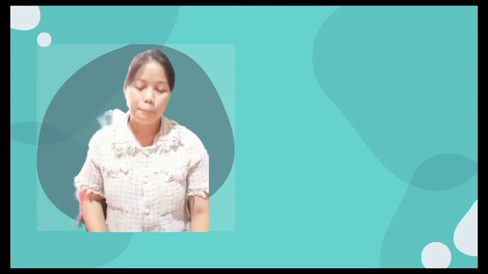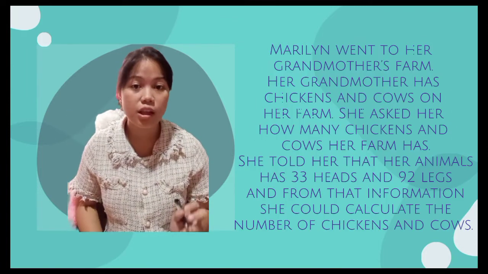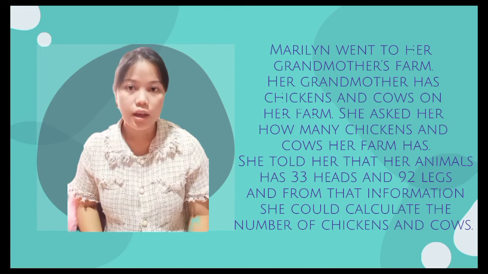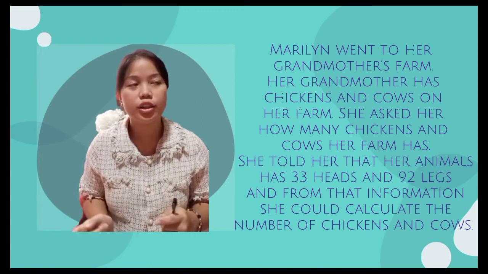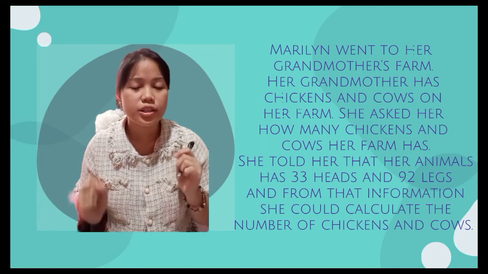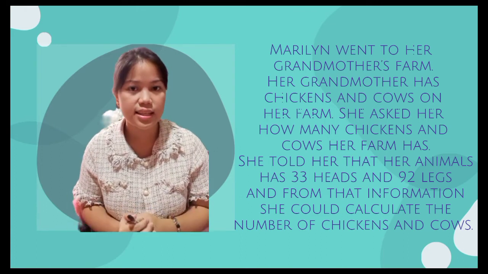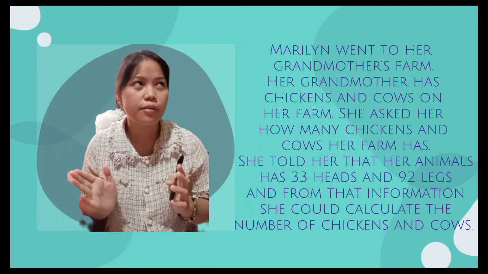It's this last one. So the problem goes like this. Marilyn went to her grandmother's farm. Her grandmother has chickens and cows on her farm. She asked her how many chickens and cows her farm has.